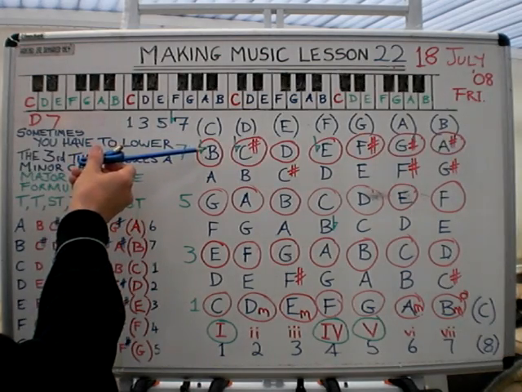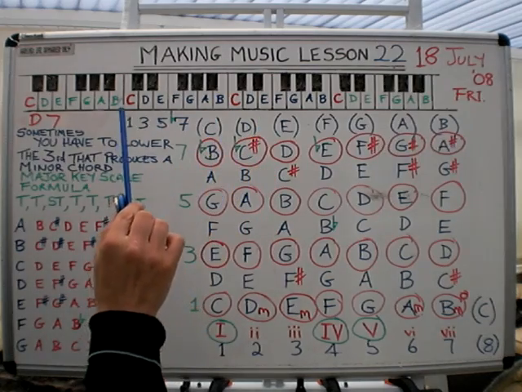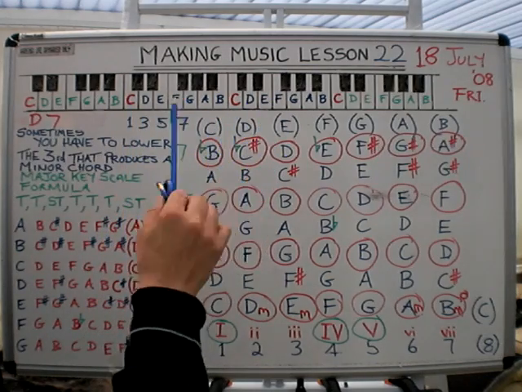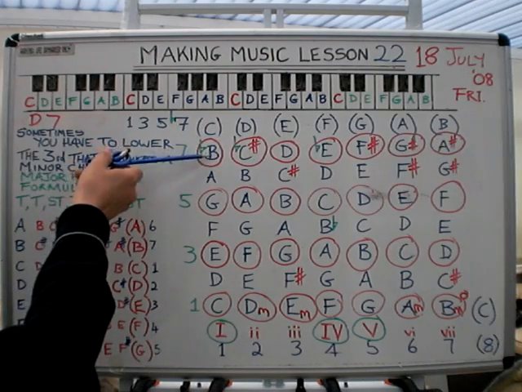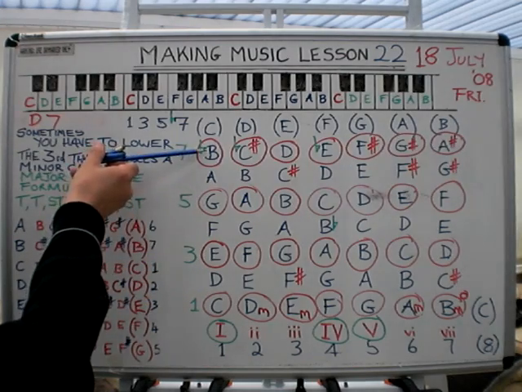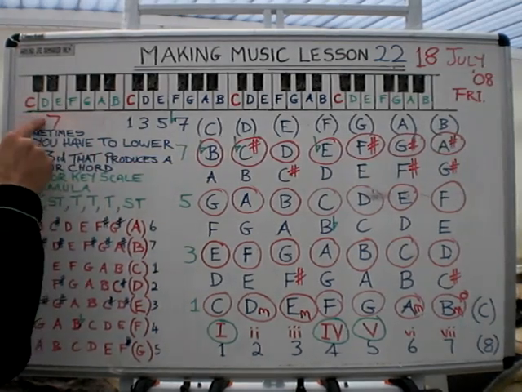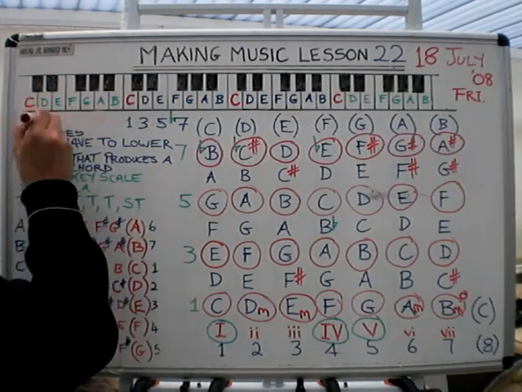But when we write it as just a C and 7, it's known as C dominant 7. A dominant 7th is where we flatten the 7th, so it's now become B flat. So we've got C, E, G, B flat, which is now just C7.